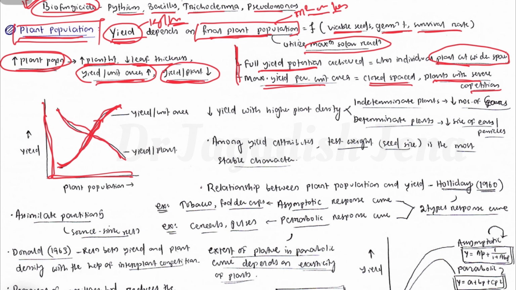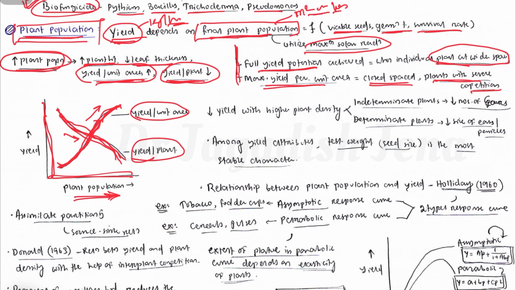See here, when we are increasing the plant population, the yield per plant is decreasing. Okay, but when we increase the plant population again, yield per unit area increases. So this is the increasing trend, this is the decreasing trend. So when we are increasing the plant population, what happens? This type of question comes in competitive exams, you have to remember.